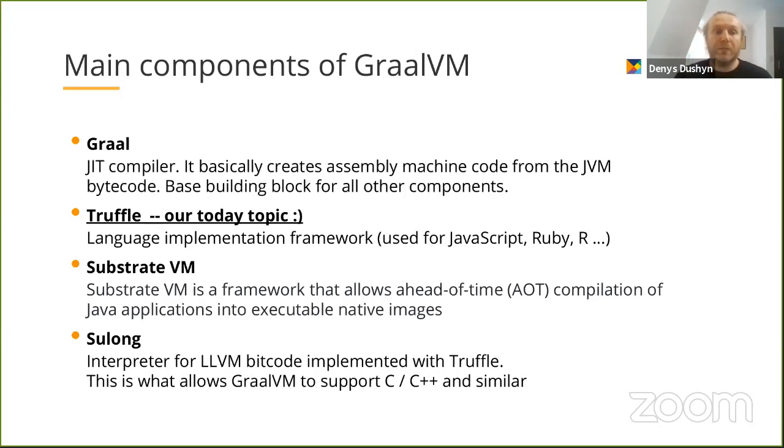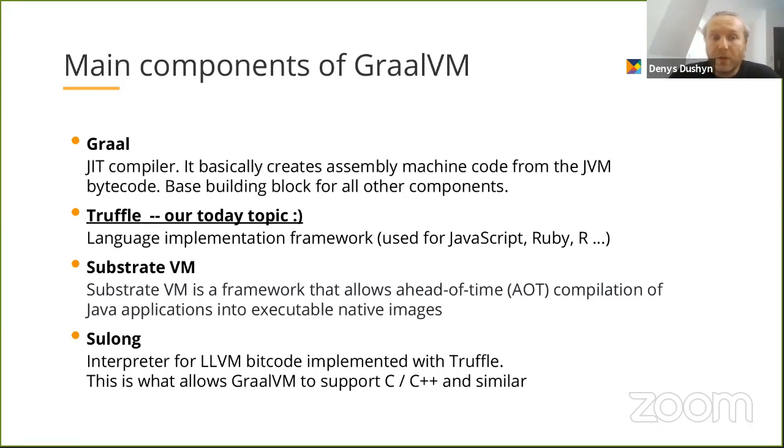The next big component or even feature is the Truffle framework. This is our topic today. The main feature of this framework is that it provides building blocks for the creation of interpreters for languages. By default, Graal virtual machine provides interpreters for JavaScript, Ruby, R, Python.